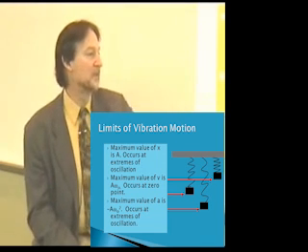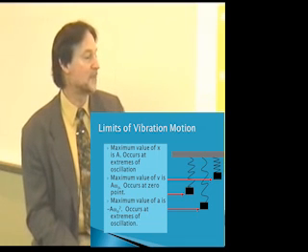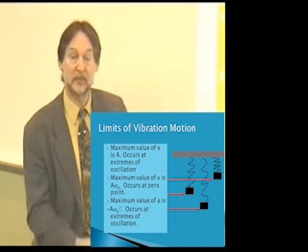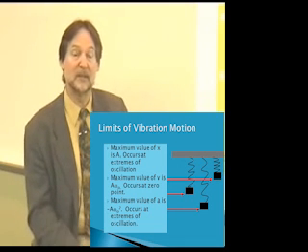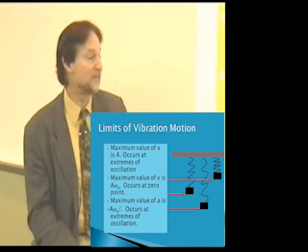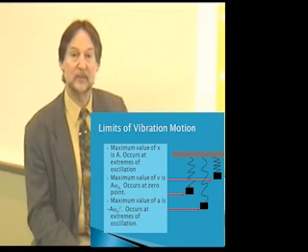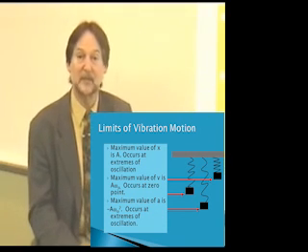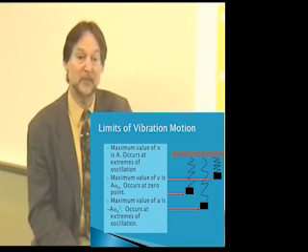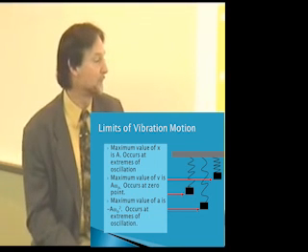The maximum value of the acceleration, which is minus A omega 0 squared, the terms in front of the sine function in the acceleration expression, occurs at the two endpoints, the points where the mass turns around in its motion, from going up to going down and from going down to going back up.